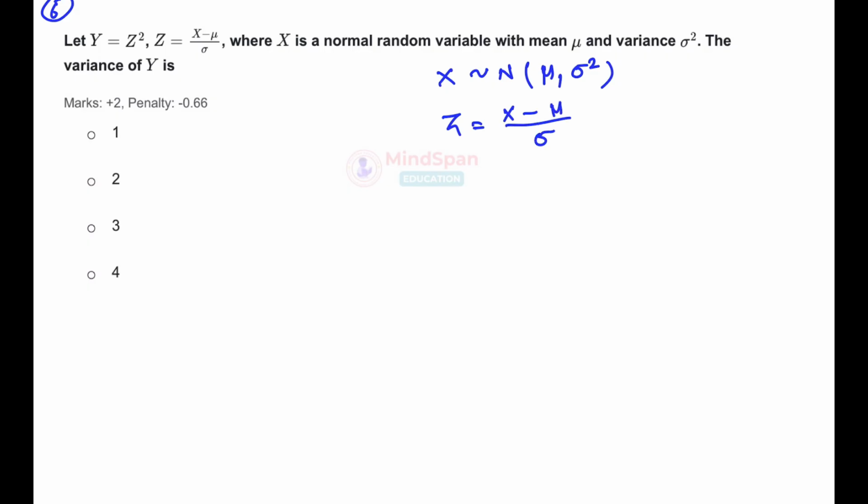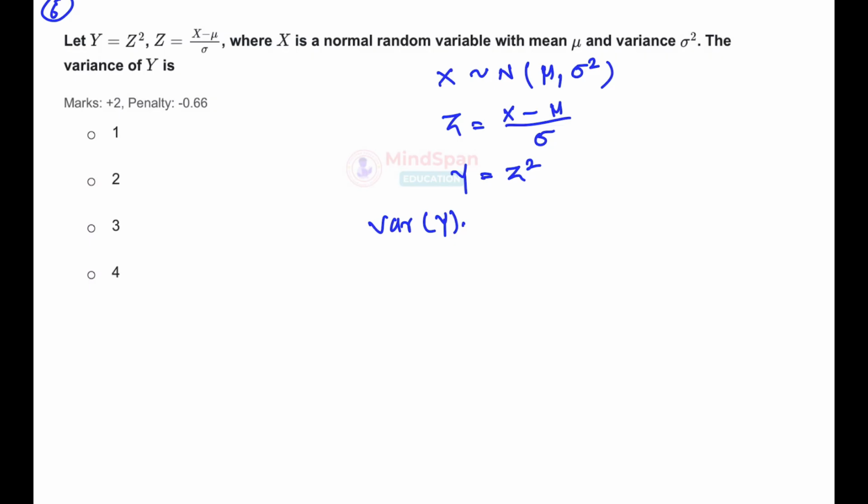Then we have to find the variance of this random variable y, and y is given as z square. So what will be the variance of this random variable y? Again, if you know the standard distributions, the special kinds of distributions that you are supposed to know, then you can solve this question within 10 seconds.